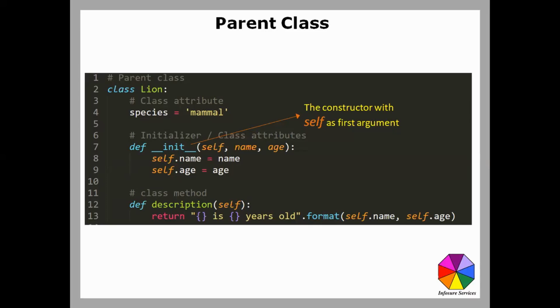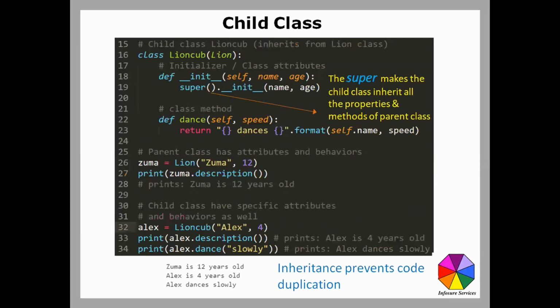A child class can have its own additional properties and methods on top of the parent class, and we can have overriding methods. Overriding is the third concept. The first concept is encapsulation, the second is inheritance, and the third concept is polymorphism.